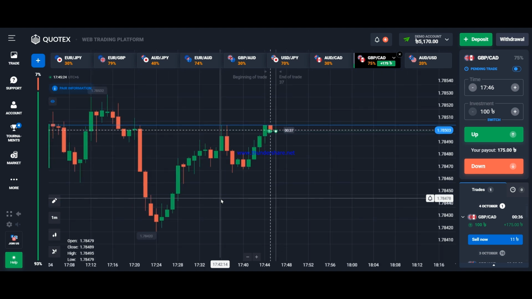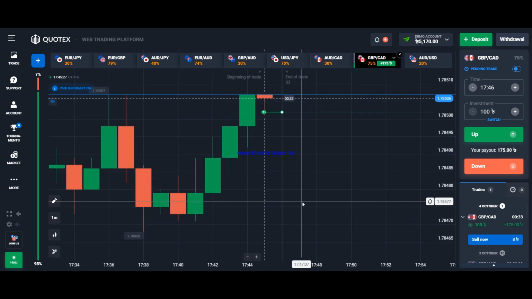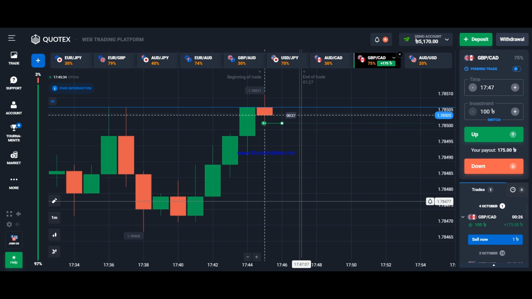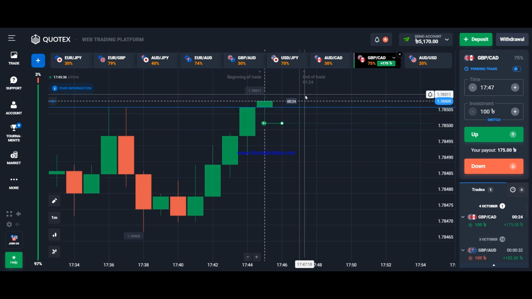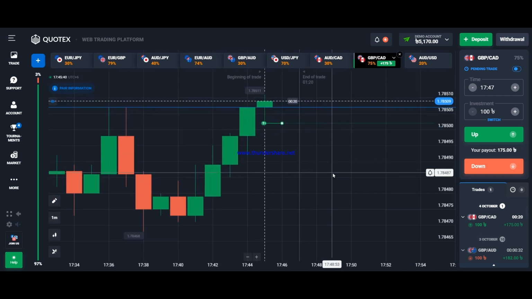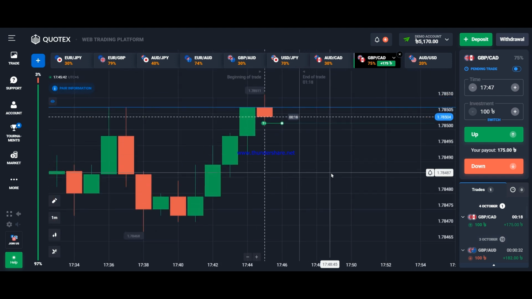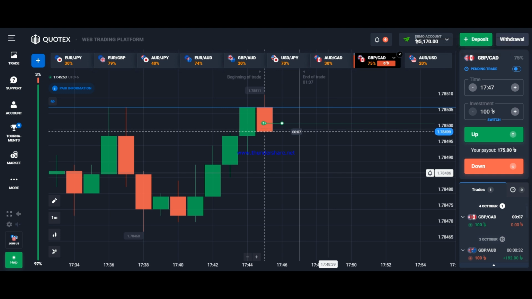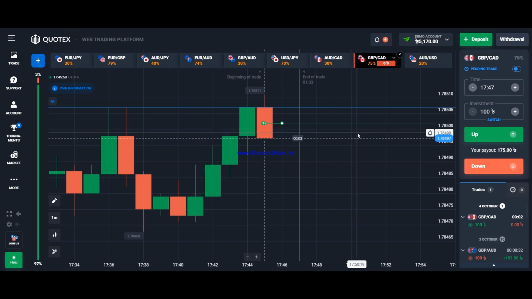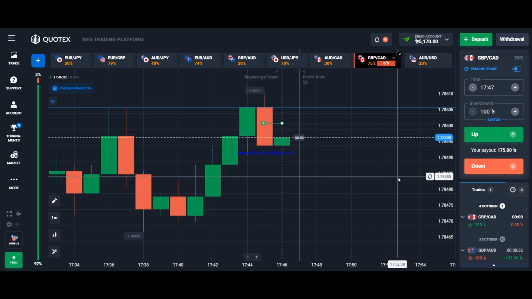You can see the buyers are trying to go above this level, but the sellers keep coming back. The sellers are pushing the candle below the level, and at the end it closed below my entry point, and I lost this trade.